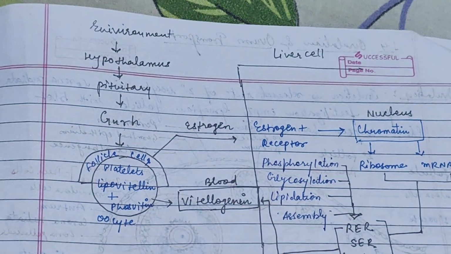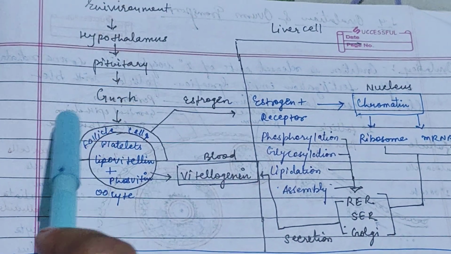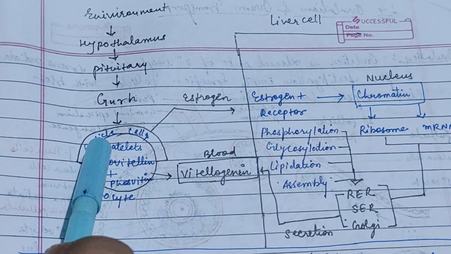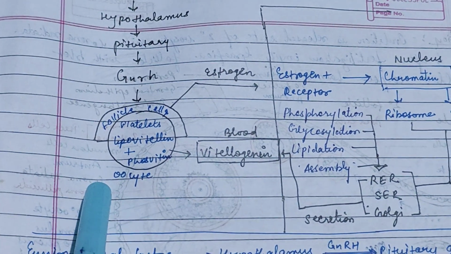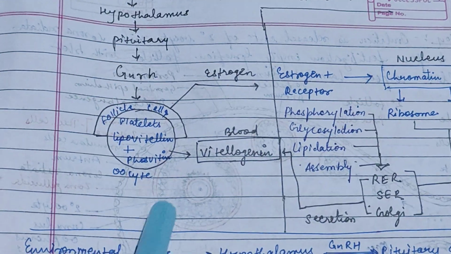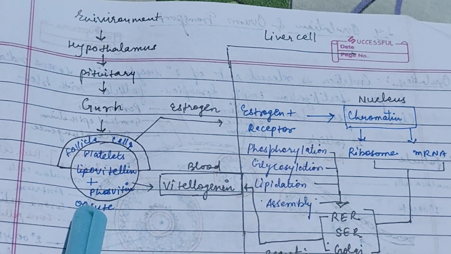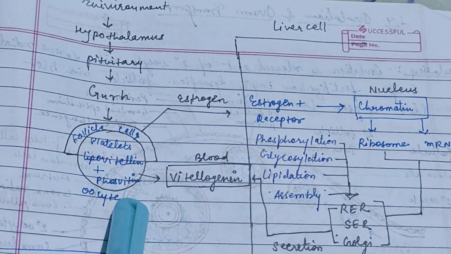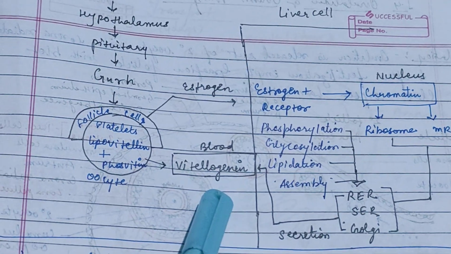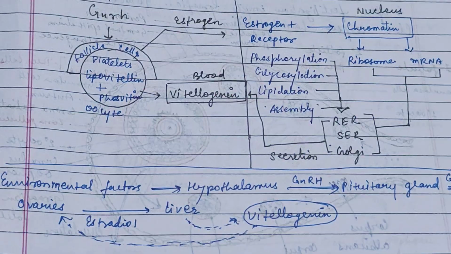Here is the flowchart of the vitellogenesis. The environment sends signals to the hypothalamus, and the hypothalamus sends signals to the pituitary gland, which releases the gonadotropin-releasing hormones. Then in the follicle cells, the platelet, lipovitellin, and phosphovitin form part of the oocytes, and vitellogenin is regulated by the liver cells.